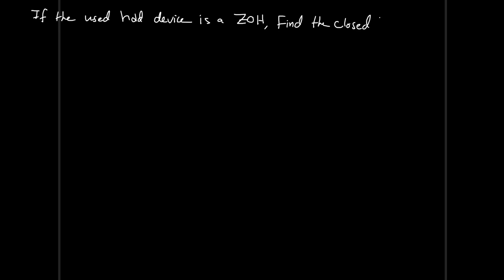So if the used hold device is a zero order hold, we need to find the closed loop pulse transfer function, which is Y of z over R of z.